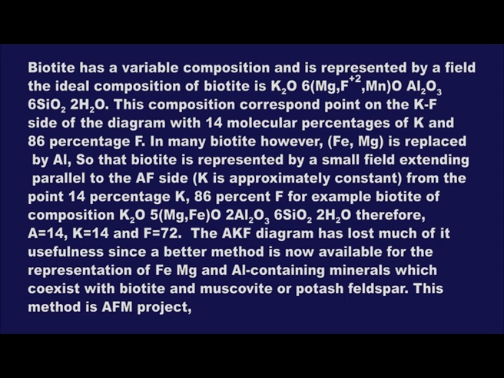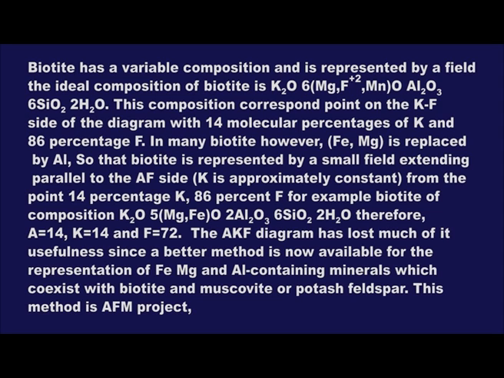Biotite has a variable composition and is represented by a field. The ideal composition of biotite is K2O, 6(Mg, Fe, plus 2 MnO), O, Al2O3, 6SiO2, 2H2O. This composition plots on the KF side of the diagram with 14 molecular percent K and 86 percent F. In many biotites, however, Fe and Mg are replaced by Al, so that biotite is represented by a small field extending parallel to the AF side.